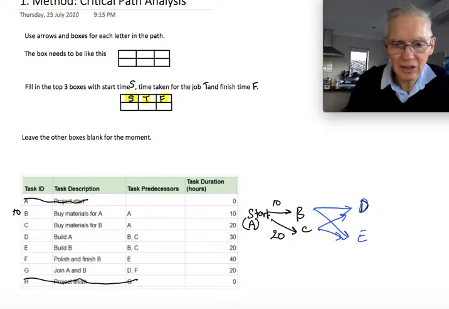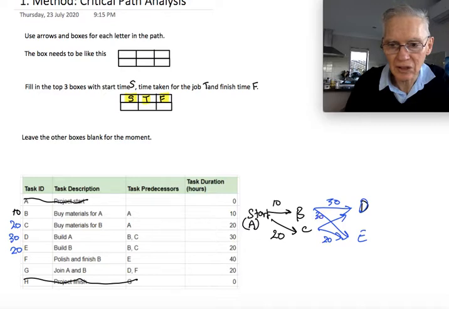Then we put the times in: 30 before D and 20 before E. So that's a 30 there, and that's a 20 going there.